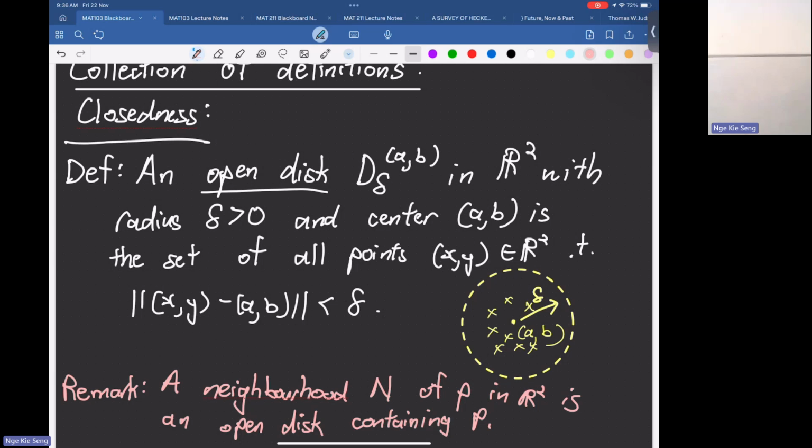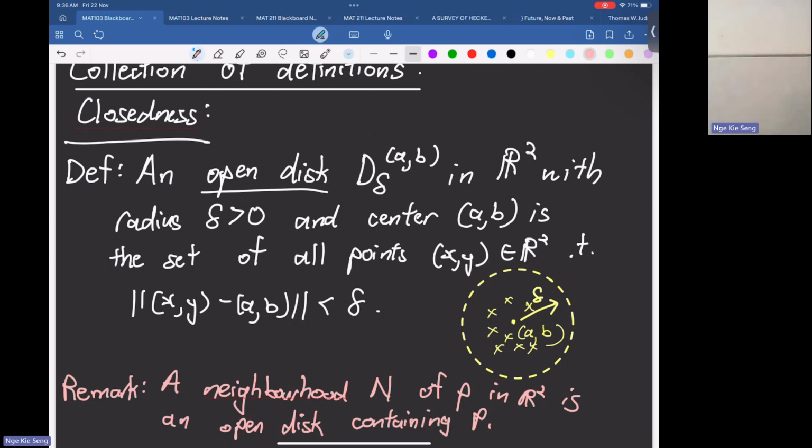Maybe in future you regard a neighborhood as something that contains an open disk. That's more general. But now we take a neighborhood as an exact open disk. It doesn't make too much difference here.